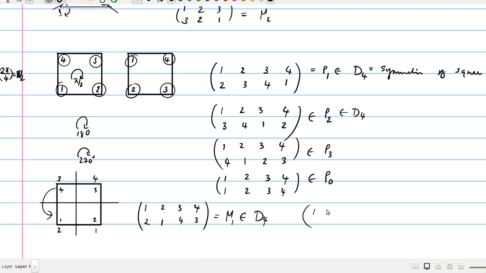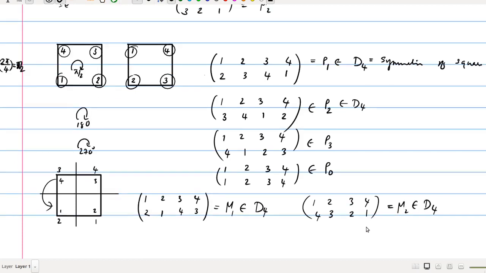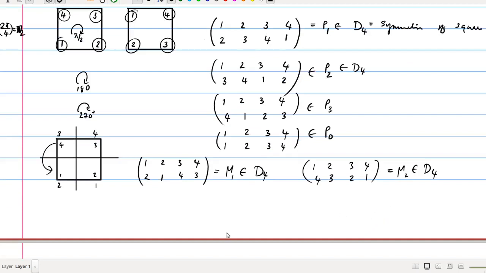So 1 2 3 4, at the place of 1 you can see 4, at the place of 4 you can see 1, at the place of 2 you can see 3, and 3 is mapped to 2. So this is called mu2, and this is an element of D4 again, because this is due to the symmetries of this square again.